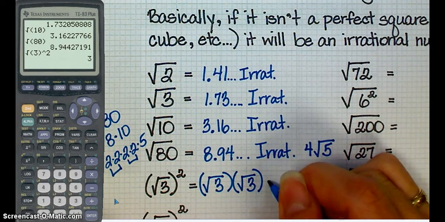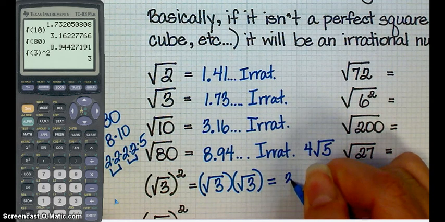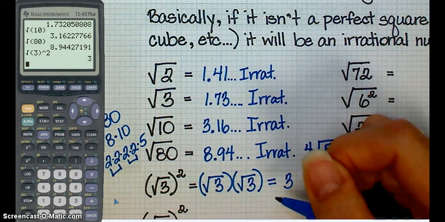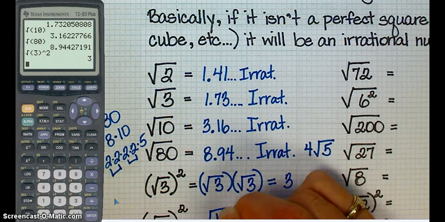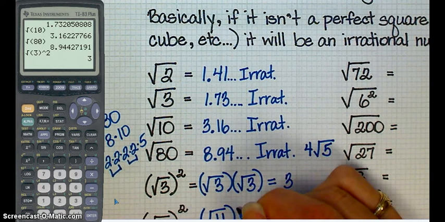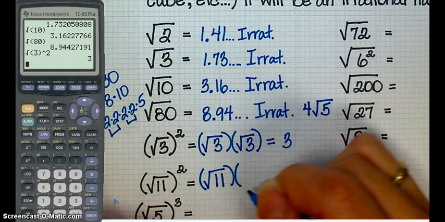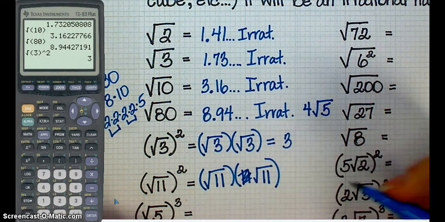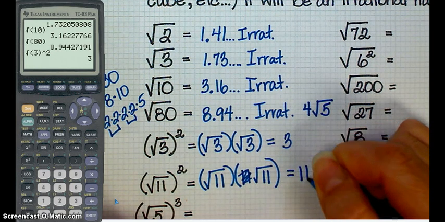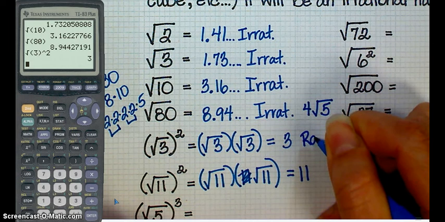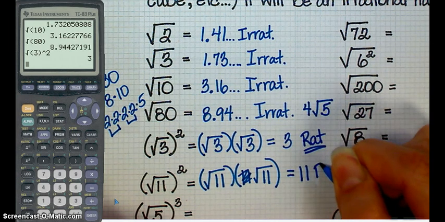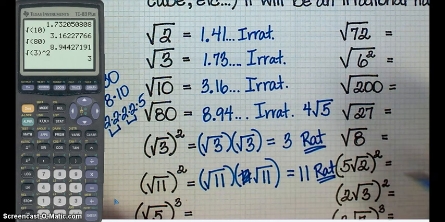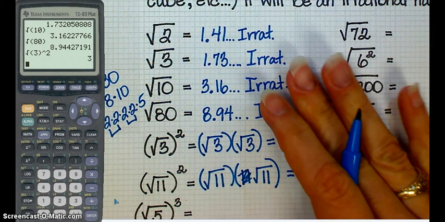So you're back to what you had before you did anything. Square root of 11 times the square root of 11. You're going to be back at 11. So this is a rational number. This one's also a rational number because I can express it as a ratio of 2 integers.